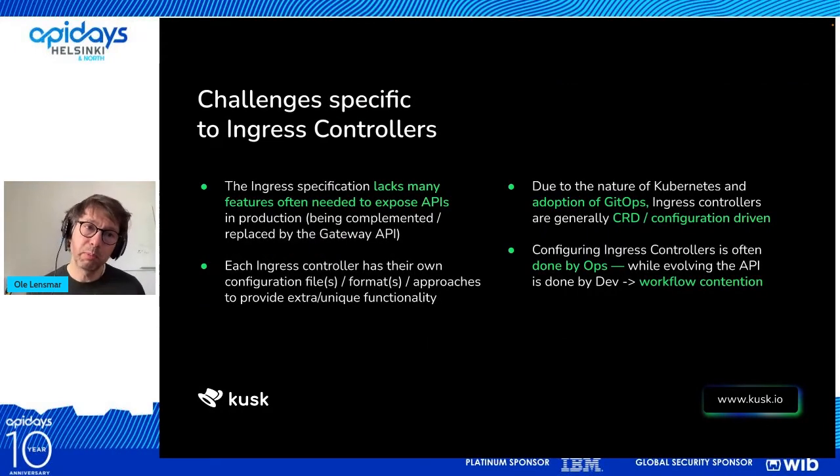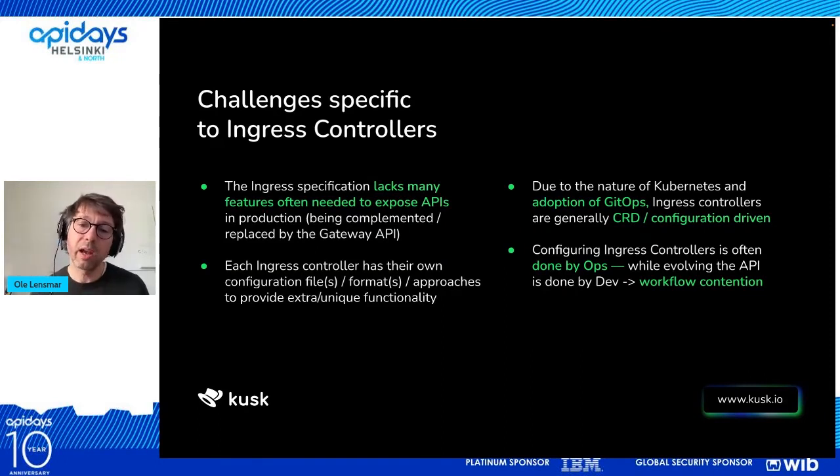And there are some challenges specific to ingress, and one is that the ingress standard itself is pretty underwhelming, in the sense that if you really want very advanced configurations, or you need to configure many aspects of your API. There's a new standard coming up called the Gateway API, which is meant to replace it. Another is that, as I mentioned, there's a bunch of different ingress controllers, and they all work differently.